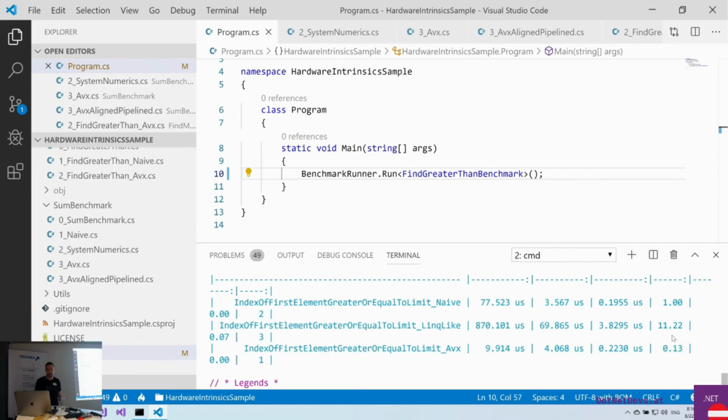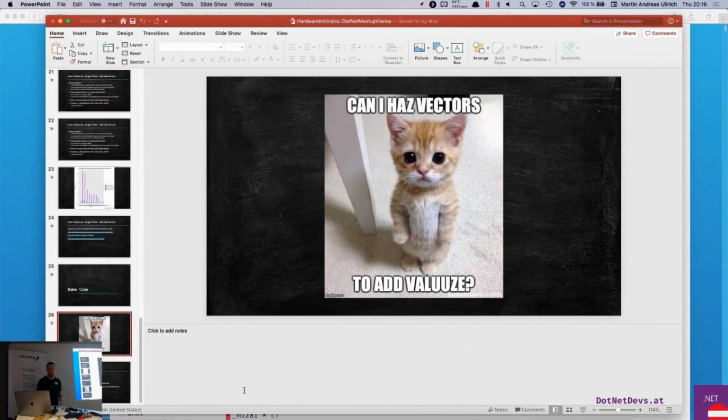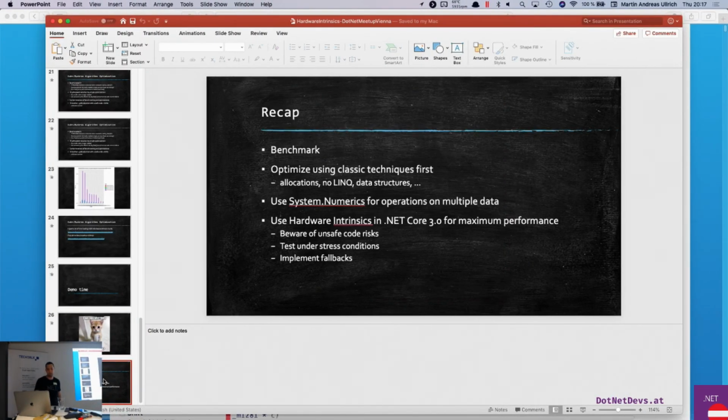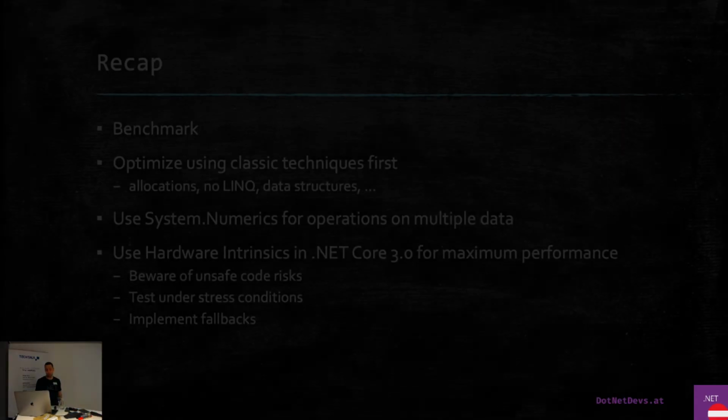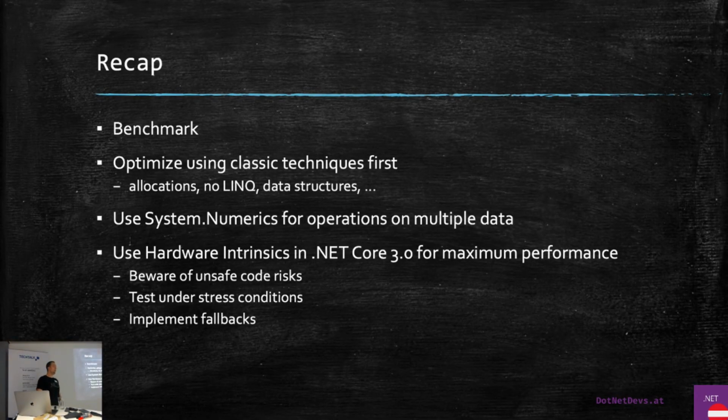You can find this on my GitHub. I do not have the link in the presentation. But again, a short recap: do performance optimizations. Don't use LINQ if you want to be fast. Try using System.Numerics, and if that's too slow for you, look into hardware intrinsics.